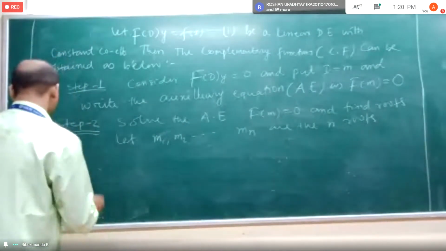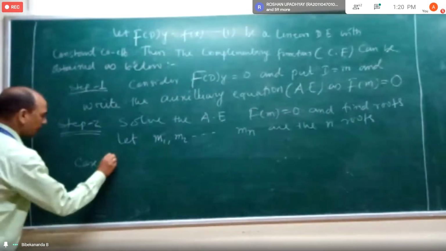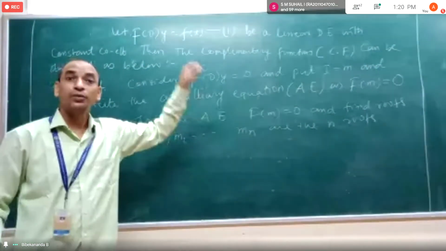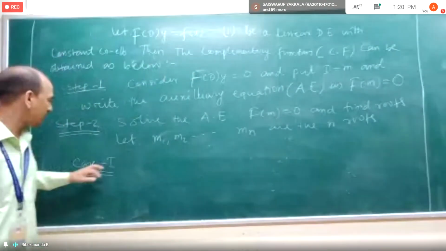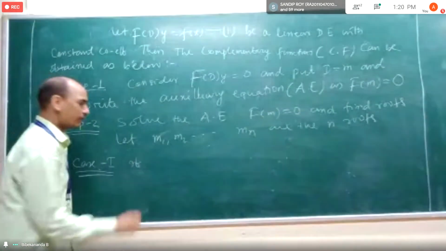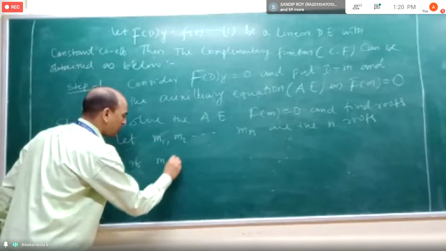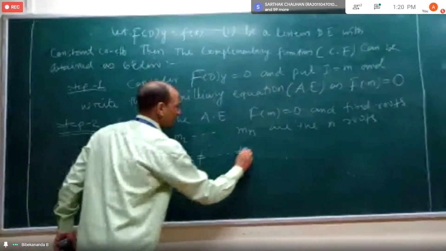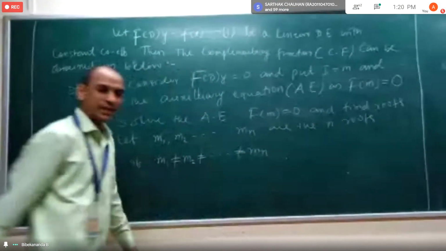Then, case 1. After getting the roots, we will check. What is case one? If m1 is not equal to m2 is not equal to mn. What is the meaning of this?